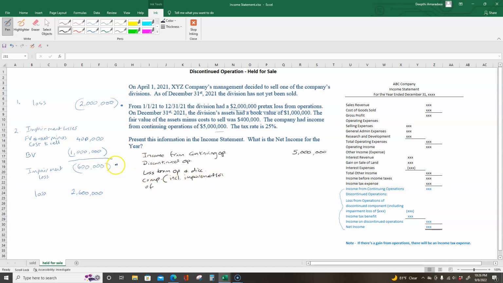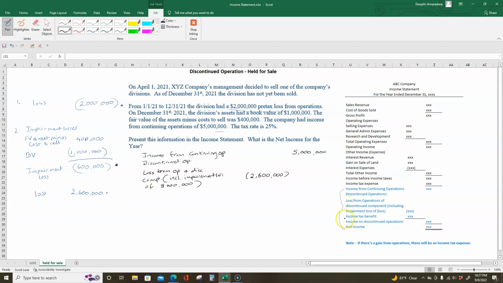We calculated the impairment loss to be 600,000. So we're going to say including impairment loss of 600,000. That's how we're going to report it. The total dollar amount of the loss from operations is 2,600,000. We're going to put that in parentheses because it's a loss. That's this number we calculated.